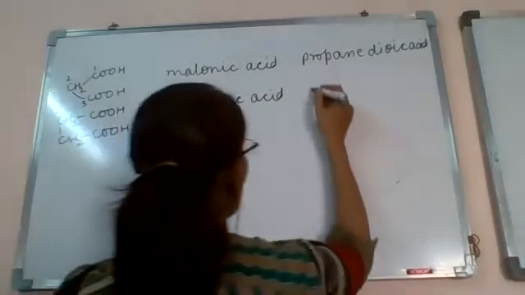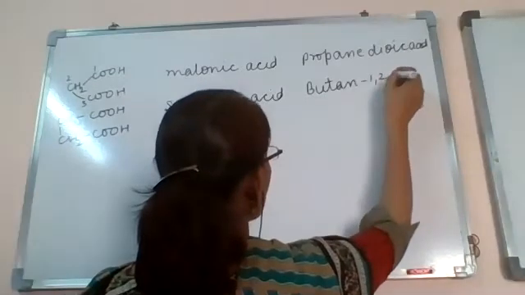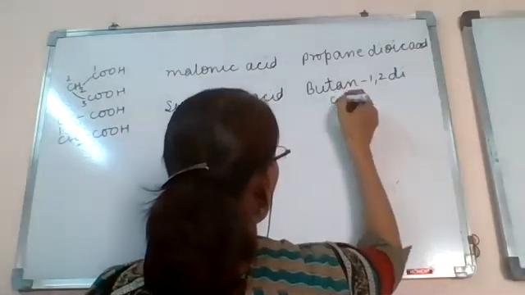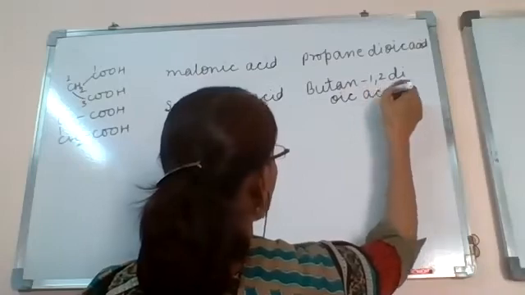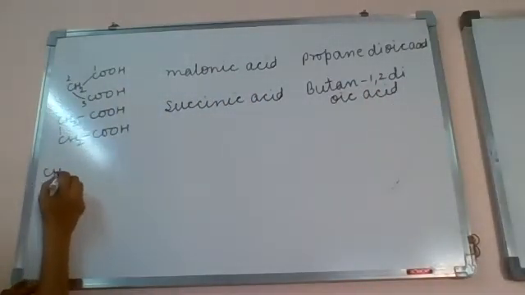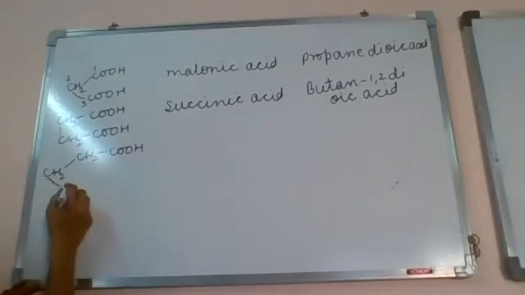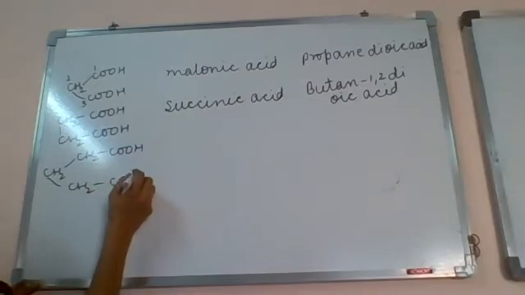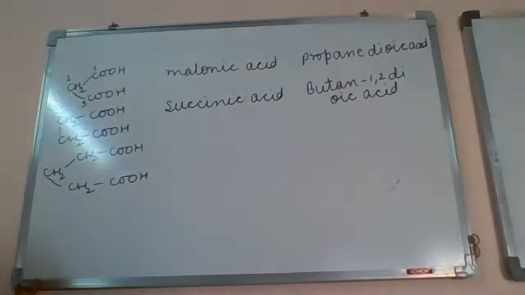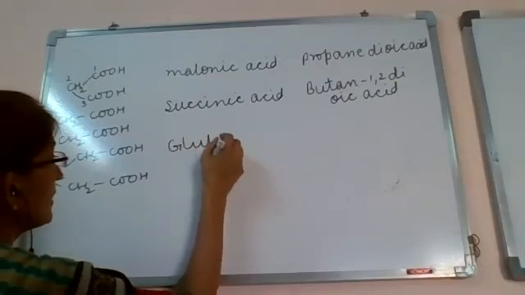Its name is butane dioic acid. Butane 1,4 भी लगा सकते हो, नहीं लगाना हो तो भी कोई दिक्कत नहीं है. Butane dioic acid. 5 carbon atoms, CH2, CH2, COOH. Its name is glutamic acid.